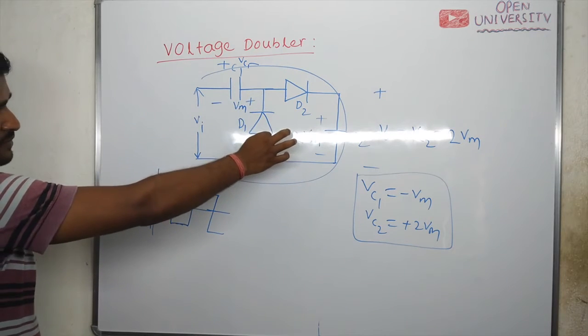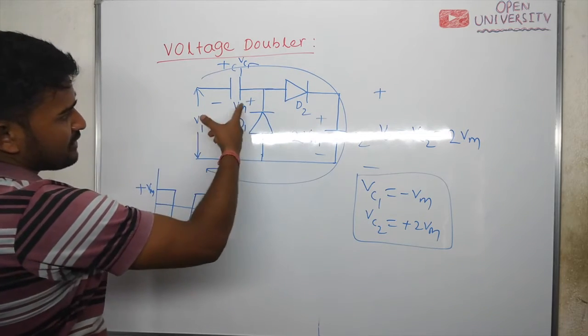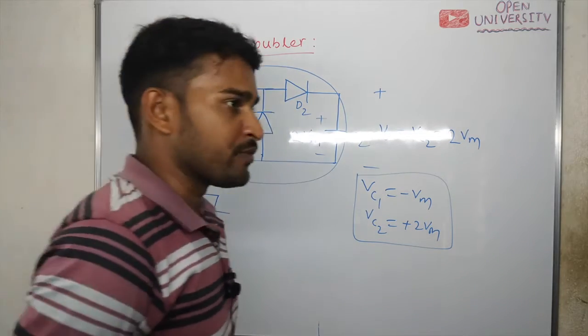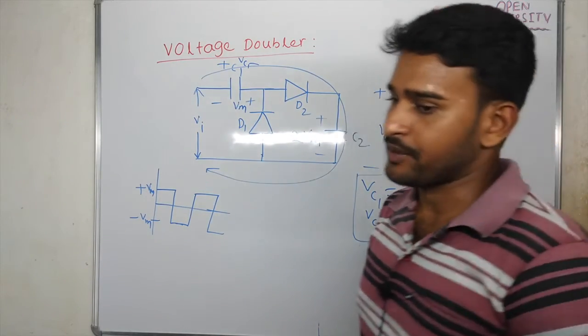If you open circuit this path and that becomes forward biased, capacitor will charge up to the net input voltage, this voltage plus this voltage, that is 2 Vm. Capacitor C2 will charge up to 2 Vm.